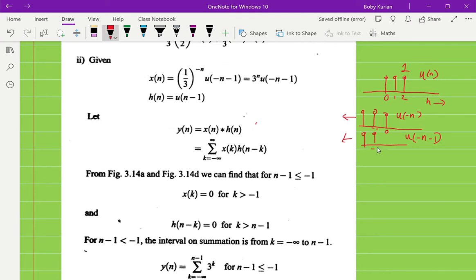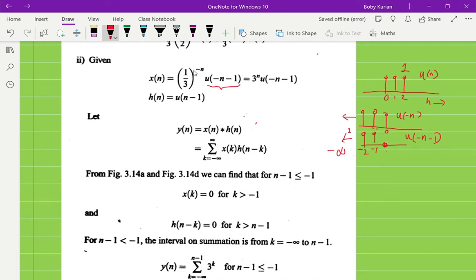So this will be minus 1, this will be minus 2, and this is equal to 0 here. So this is u of minus n minus 1. It is in fact ranging from minus infinity to minus 1, having a value of 1 from minus infinity to minus 1.